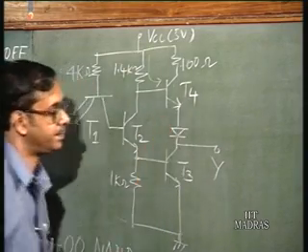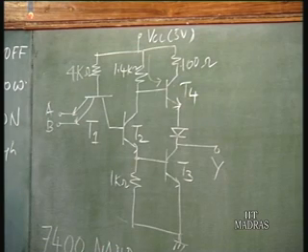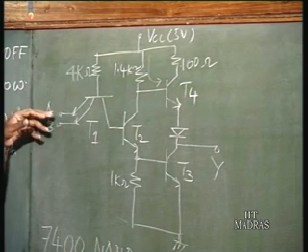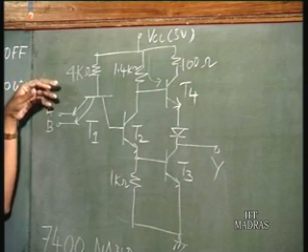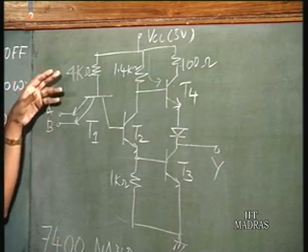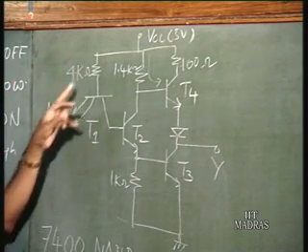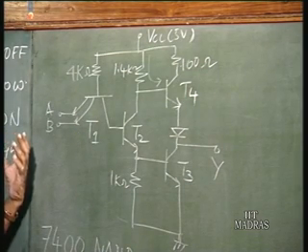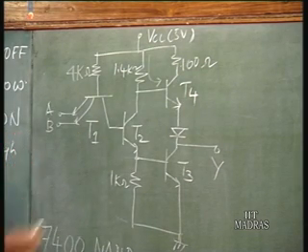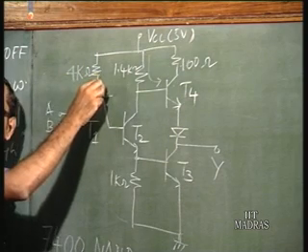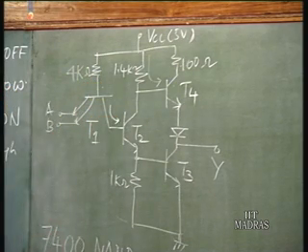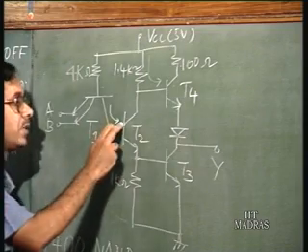Now what happens when we look at the other situation? What happens when the inputs go high? Then what is the state of this transistor? It is acting in the inverse mode. So the current which flows here is going to flow into the base of T2.